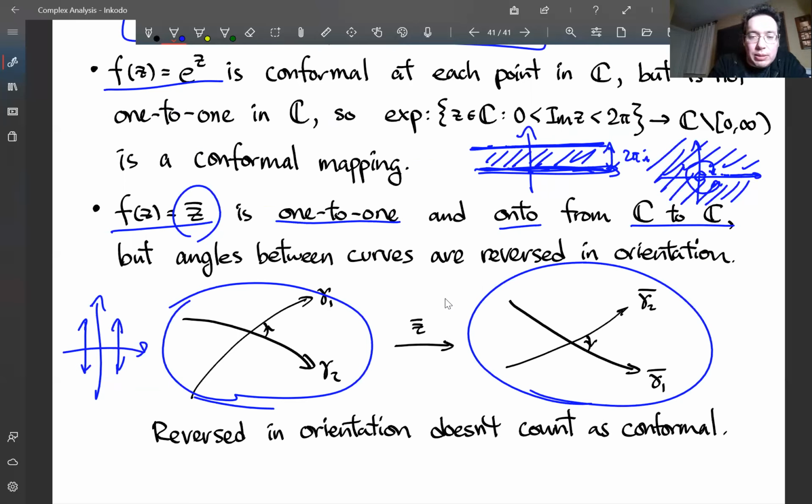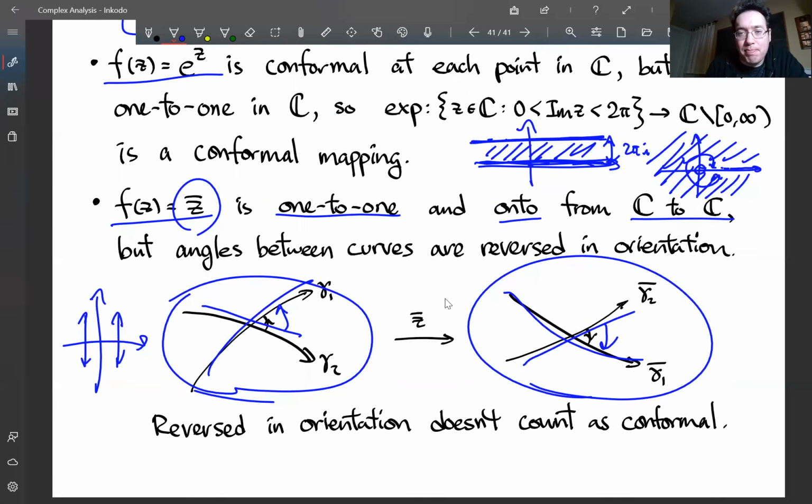But the angle changes in the sense that the orientation changes, right? In this picture, gamma 1 is sitting in the counterclockwise direction from gamma 2. In the reflection, it's the opposite. It's going in the clockwise direction. So we won't count that as conformal. So z bar is not a conformal map.